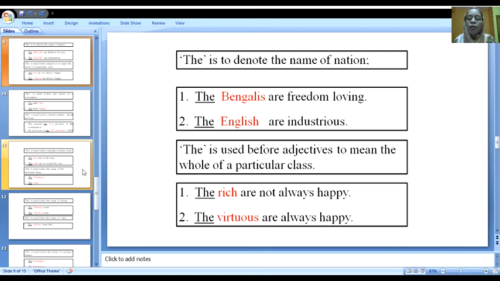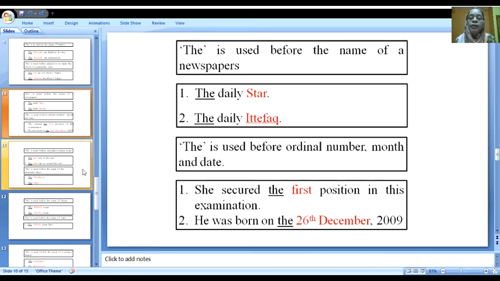The rich are not always happy. The virtuous are always happy. Then the is used before the name of a newspaper, such as the Daily Star, the Daily Ittifaq. Daily Star and Daily Ittifaq are the name of newspapers.